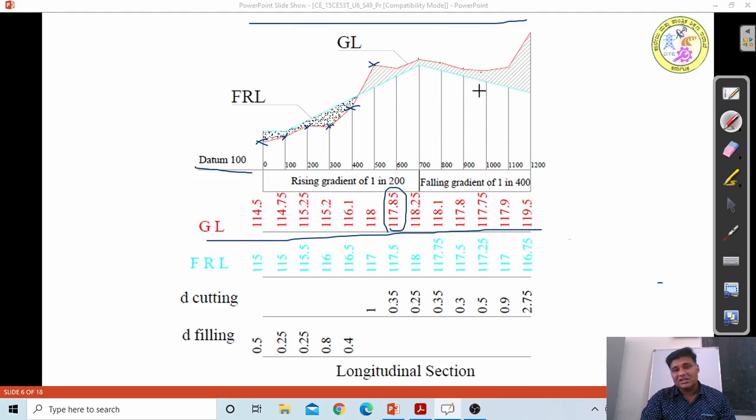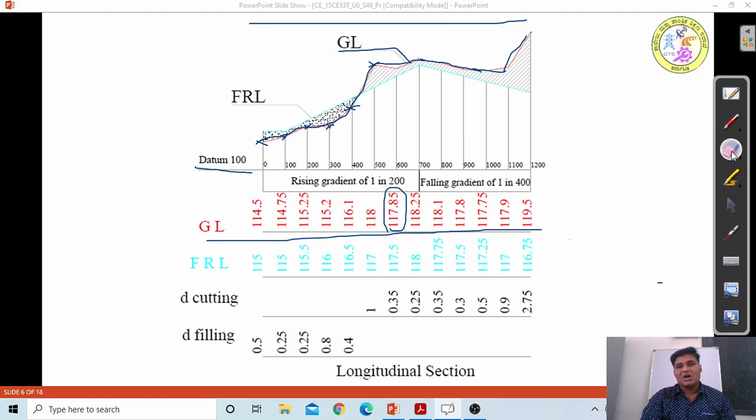See, the RLs are decreasing, so the ground is also decreasing in this fashion. And then 117.9, a little bit higher. And finally, the highest level of this ground, that is 119.5, it will be joining like this. So after joining all the points, this will be your ground level.